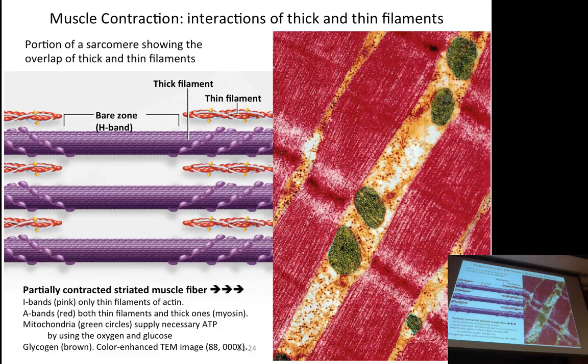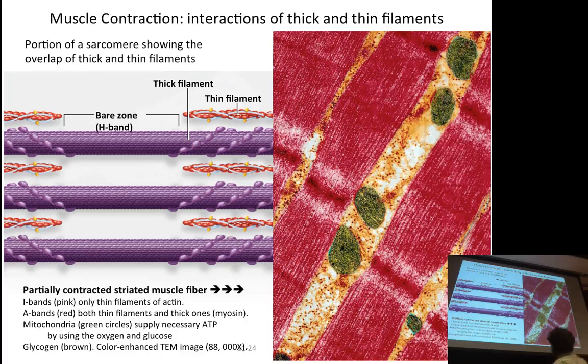It's very small. This is where there's only thin filaments. This is a contracted muscle. There's not much I band left because the zone of overlap has increased. The A band stays the same size, but we increase the zone of overlap and thus decrease the I band.